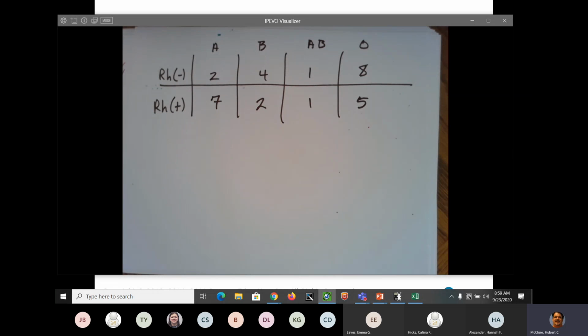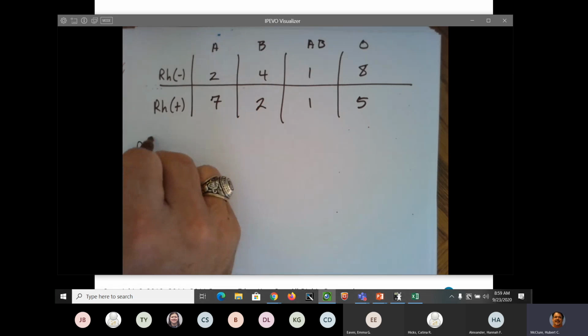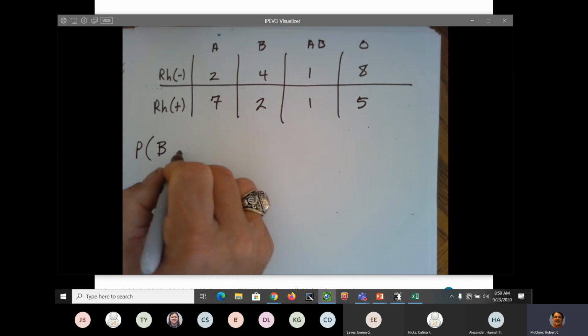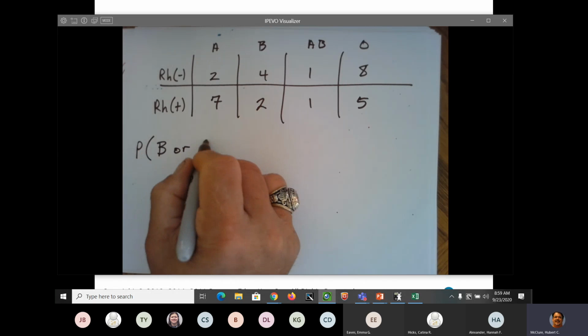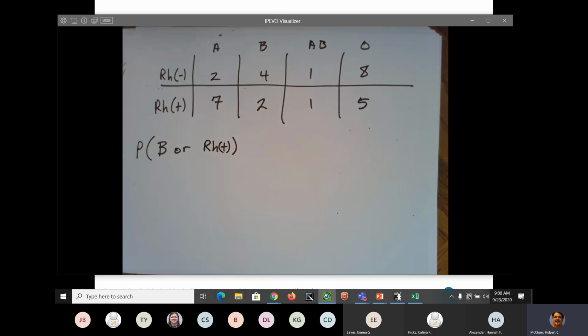And now the question is going to say, what is the probability of B or Rh positive? We still know it's over what? 30.